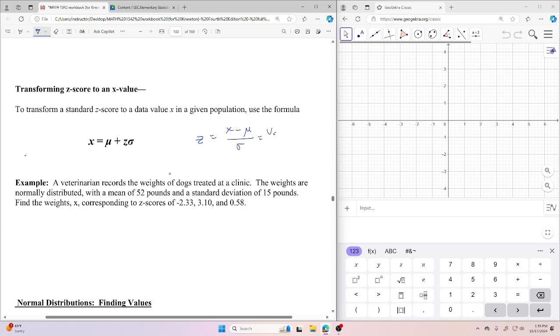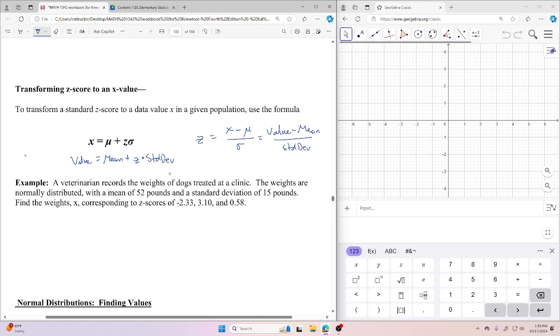Again, that's value minus the mean over the standard deviation. And so all they're doing here is just rearranging it. So this would be, in English, mean plus the z-score times the standard deviation. And that would be your value. So all the same thing. It's just moving formula stuff around.